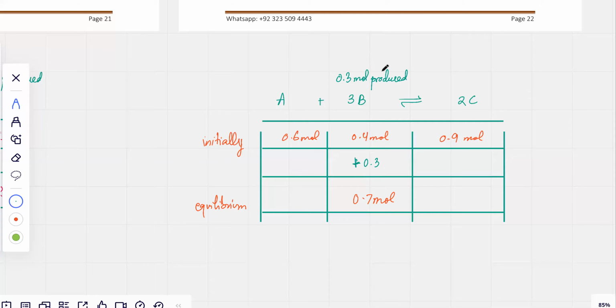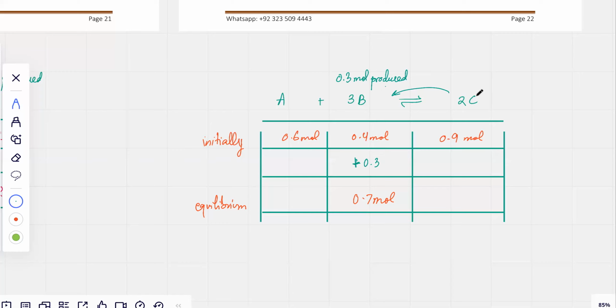So where did they come from? There must have been C that reacted and formed this B and this A as well. So these moles are getting produced. Is this clear? So 0.3 moles are getting produced.